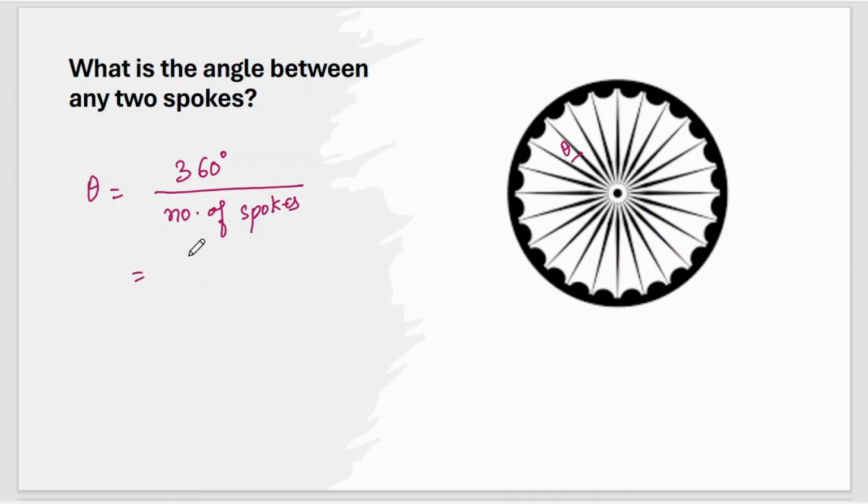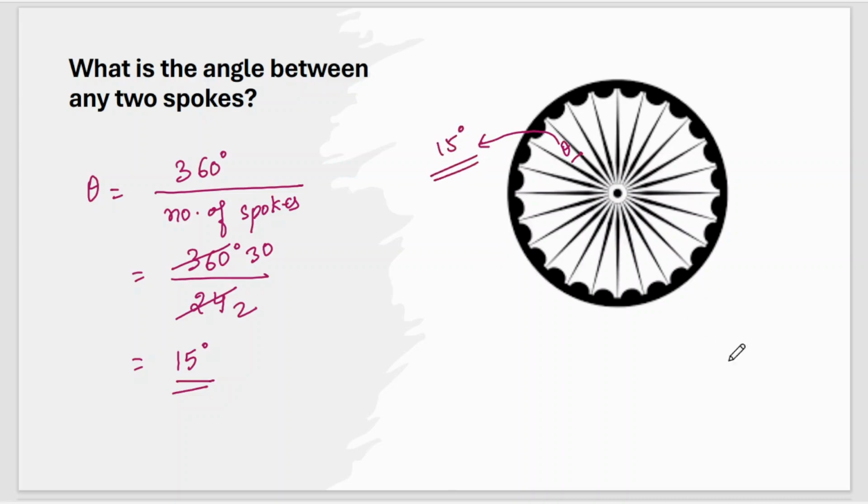So it is 360 divided by, now we got the value of spokes. We know that there are 24 spokes in our Ashoka Chakra. So we'll cancel: 12 2s are 24 and then 12 3s are 36, so it is 15 degree. Okay, and you will get the value of theta as 15 degree.